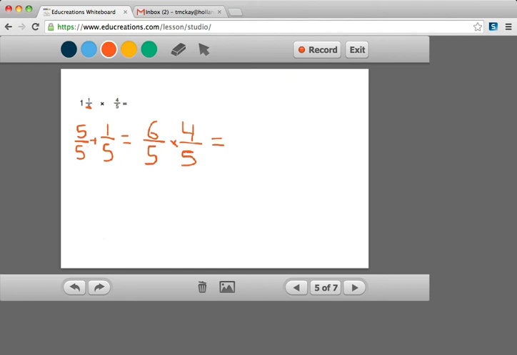They do not. So now we simply solve the problem by multiplying first the two numerators. 6 times 4 is 24. 5 times 5 is 25. So the product of 1 and 1/5 times 4/5 is equal to 24/25.